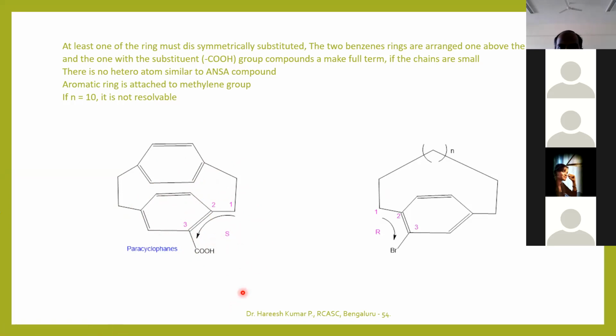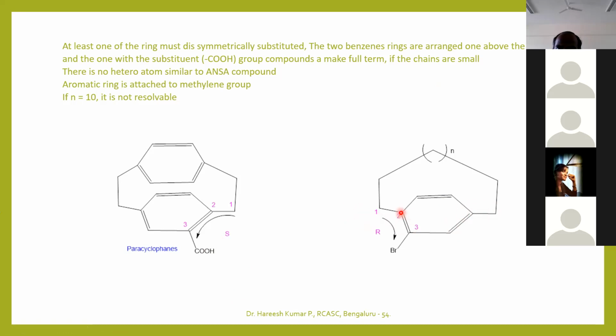And here, if you take one more example of cyclophanes, cyclophanes means there is no heteroatom. If there is a heteroatom, then such compounds are called Ansa compounds. If there is no heteroatom, then such compounds are called cyclophanes.